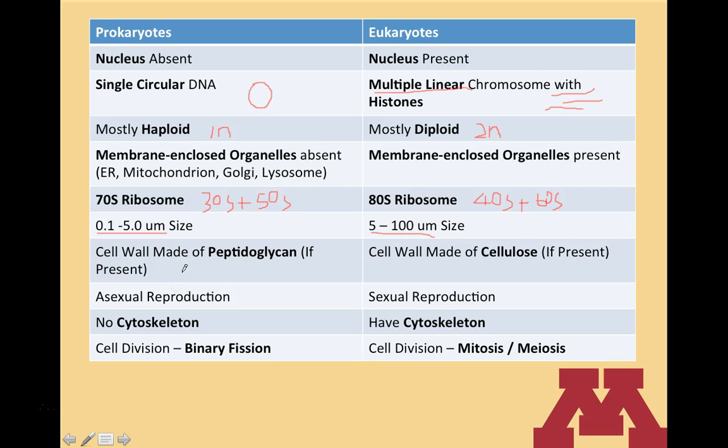In prokaryotes, if the cell wall is present, the cell wall is usually made of peptidoglycan, and the peptidoglycan is composed of N-acetylglucosamine and N-acetylmuramic acid.